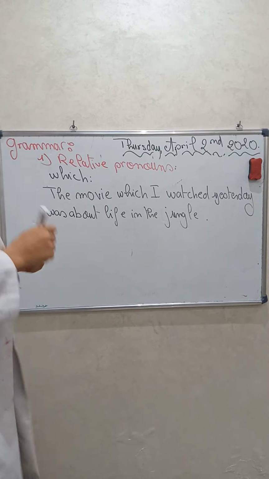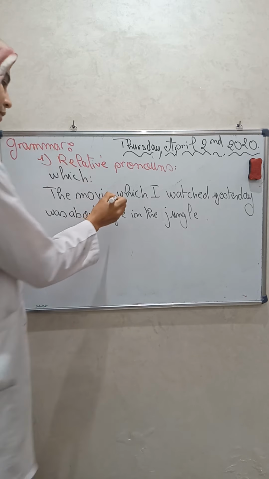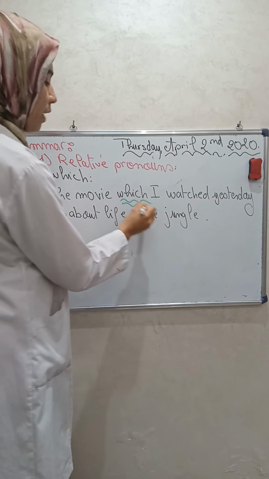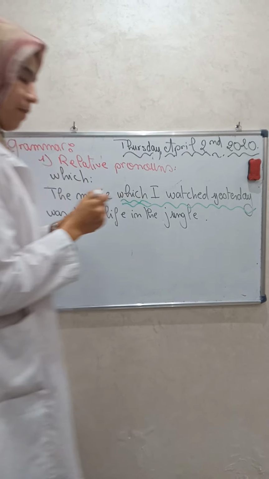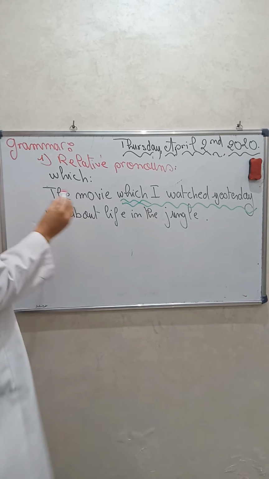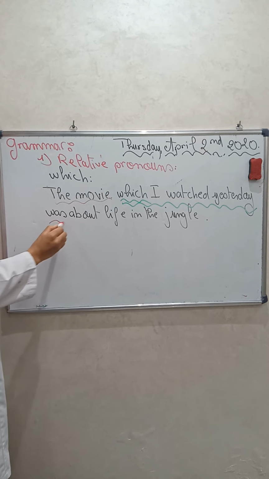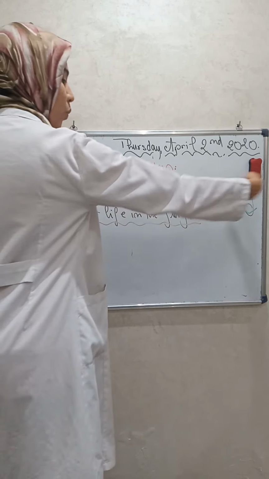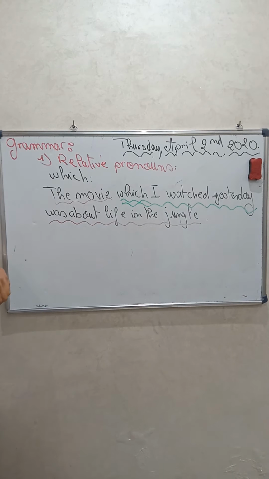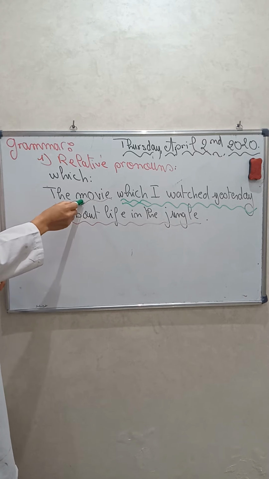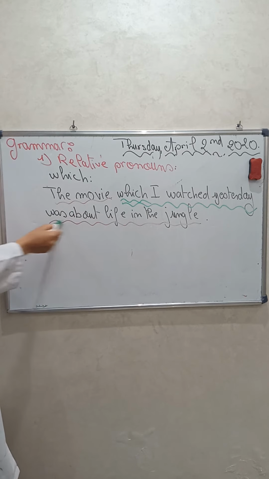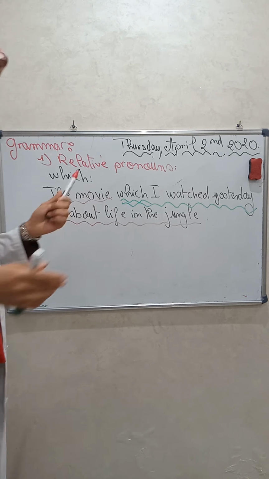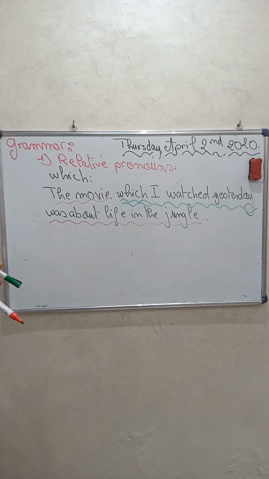Here, relative pronoun, which. Relative clause, which I watched yesterday. What is left? The movie was about life in the jungle. If we omit which I watched yesterday, again we are going to have an SVO. S, the movie, subject, the verb, was, and about life in the jungle. This is a complementary phrase.